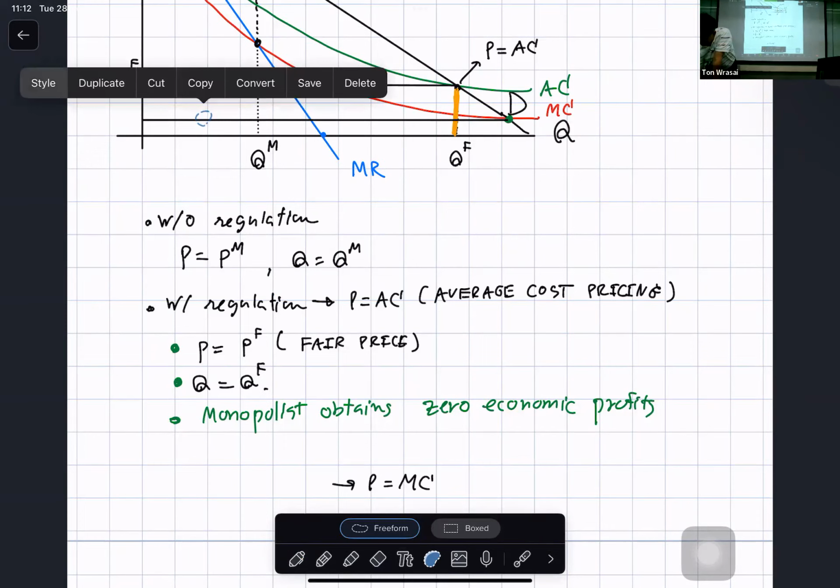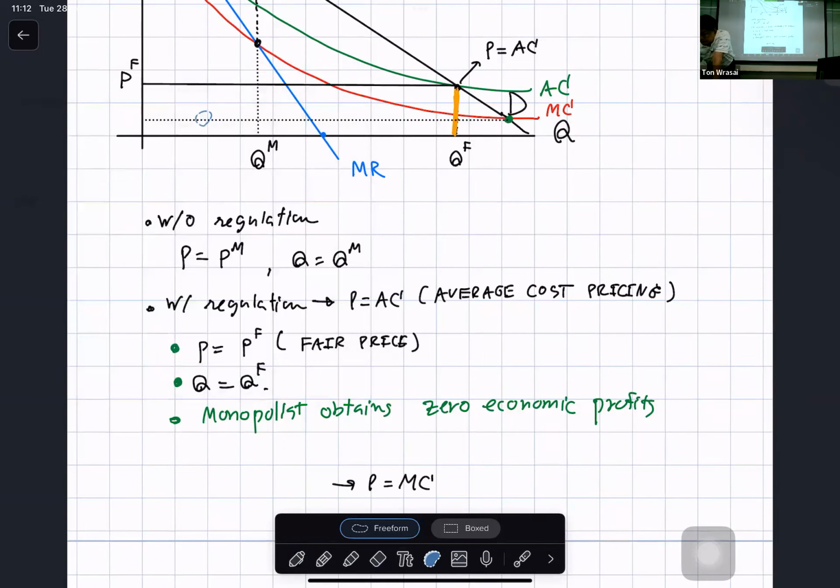P will become even lower. Let's call PI. I stand for ideal here, idealistic PI.